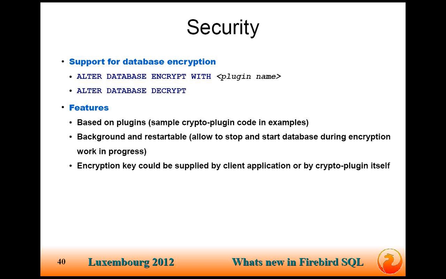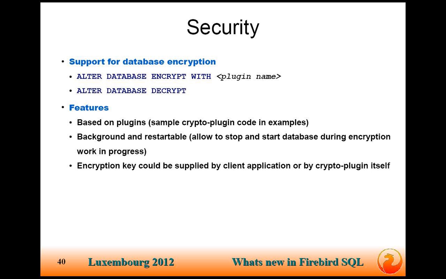So the Firebird engine may be restarted, maybe because of a crash, maybe because the operating system restarted for another reason, and half of the database will be in an encrypted state, and half of the database will still be in a not encrypted state. This is addressed in our feature implementation, and when Firebird starts again, it will detect that encryption is not done, and it will start this background process again and continue from the place where the encryption stopped at the previous stage.